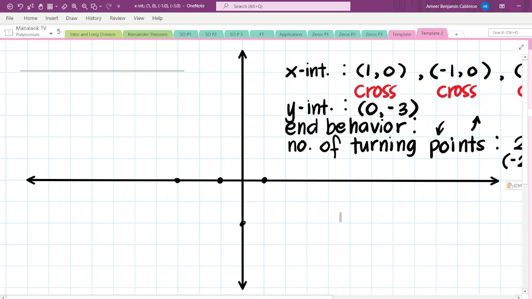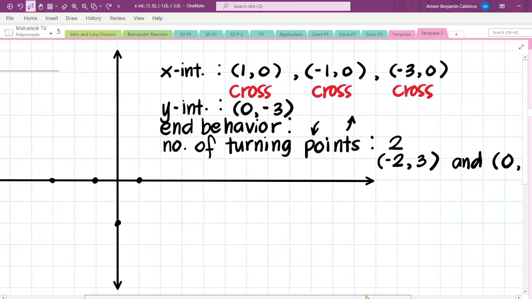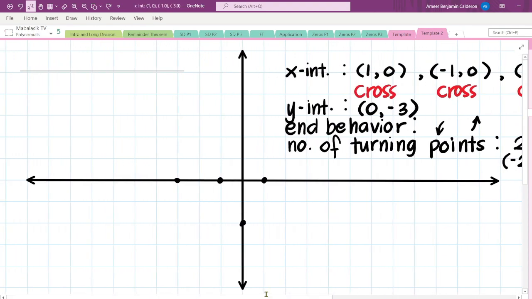So here is our y-intercept. The end behavior is going to be like this. So we'll have something here going downwards and something there going upwards. The number of turning points, we have 2. Specific turning points are (negative 2, 3) and (0, negative 3). So (negative 2, 3) is somewhere here. (0, negative 3) is somewhere there, just the same as our y-intercept.